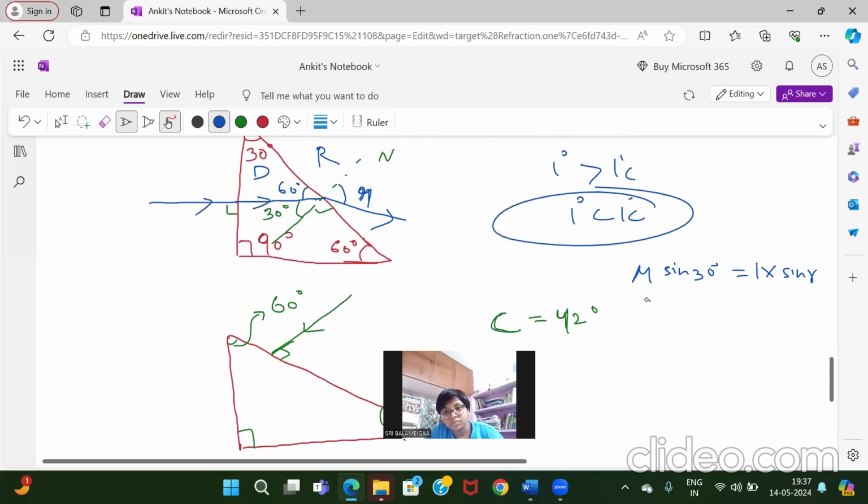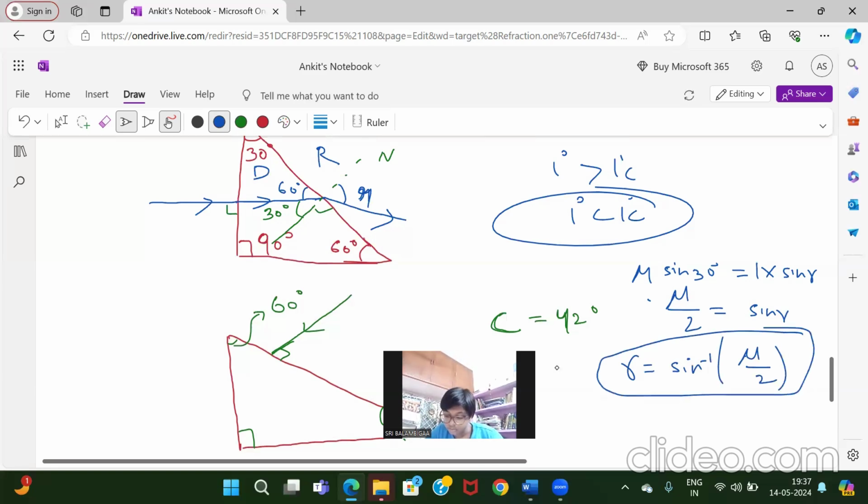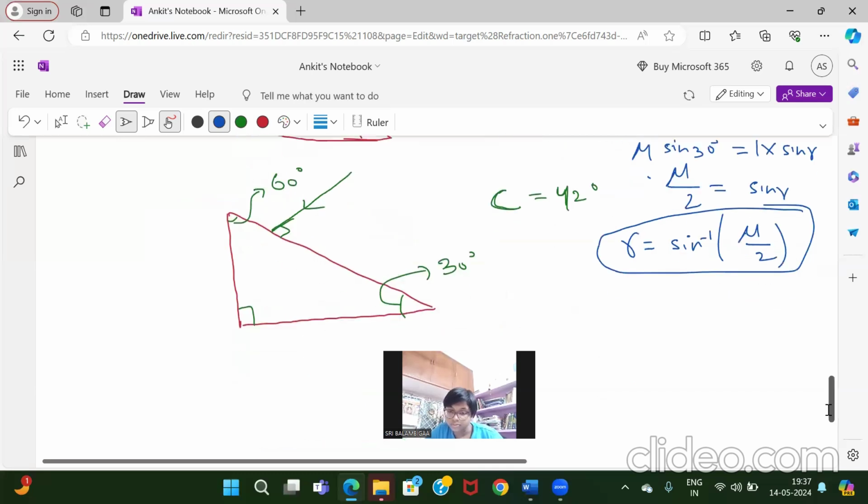Then sine 30 is half, so mu by 2 equals sine r. Then r will be sine inverse of mu by 2. Clear?